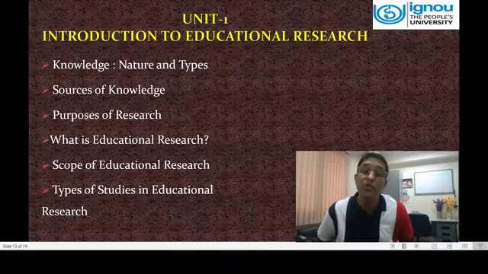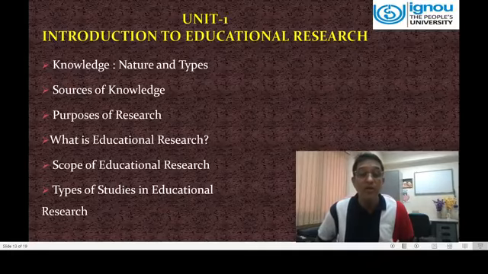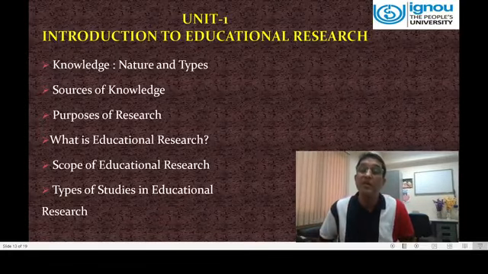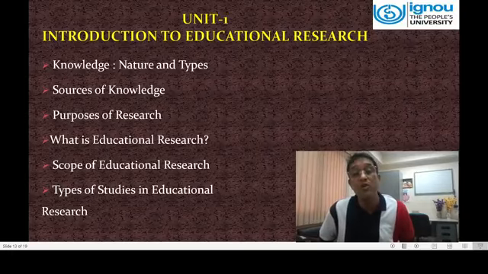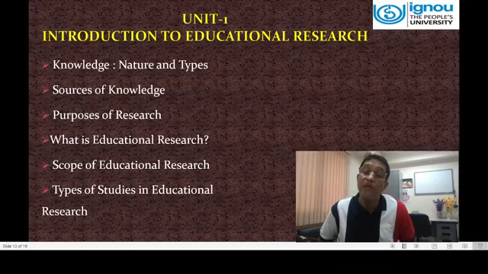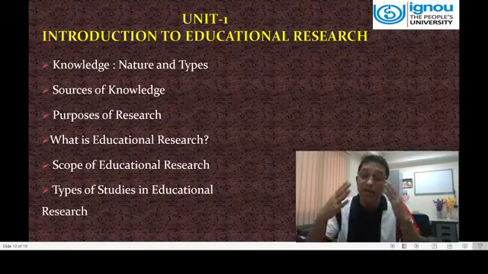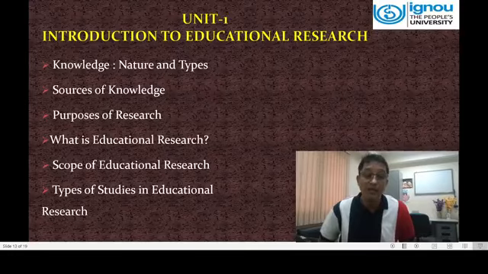It may be related to parents, it may be related to local government. So friends, when we talk about what is educational research, it means the problems that we face in the system of education, how to identify that problem, then accordingly how to conduct a study, by adopting a definite process, a definite method, a definite technique.